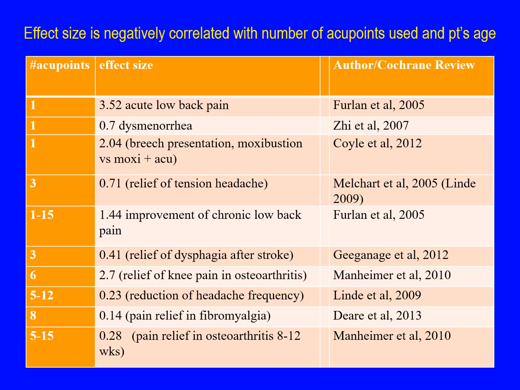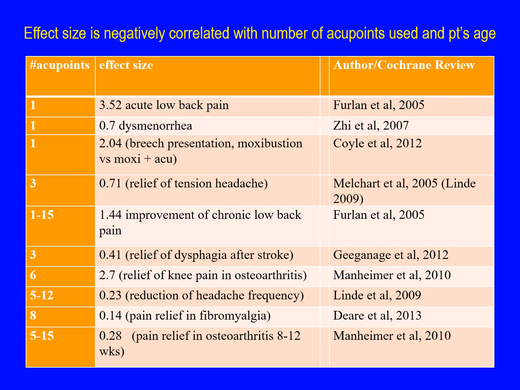So this is a table based on about a dozen Cochrane reviews on acupuncture clinical trials. And it suggests a trend that when relatively few acupoints were used in clinical trials, the effect size tends to be large.